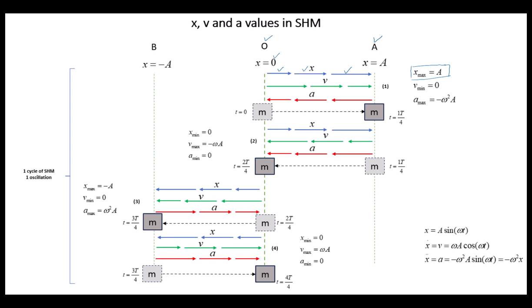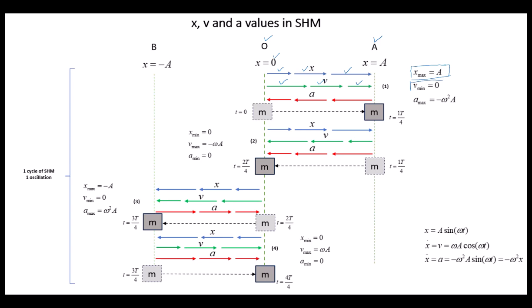Now talking about the velocity. Velocity at the midpoint has some maximum value, as we will see subsequently. The velocity goes on reducing as it moves towards the point A. If you see, the length of the arrow segments keeps reducing till the point A. At the point A, the velocity is the lowest and it is equal to 0.